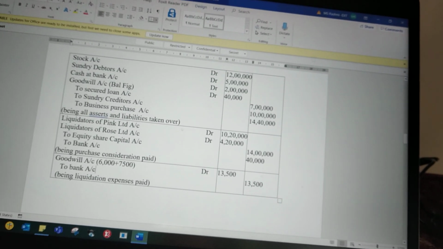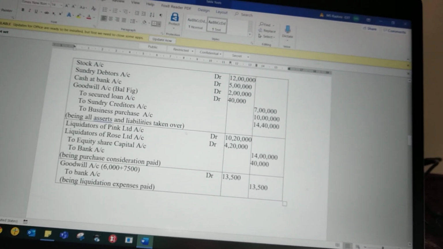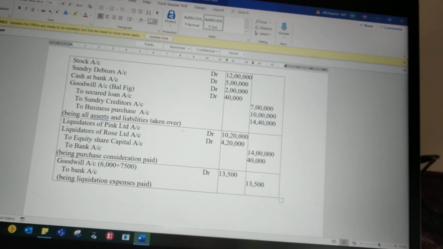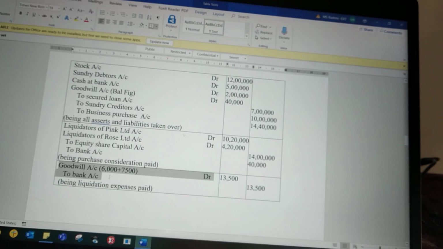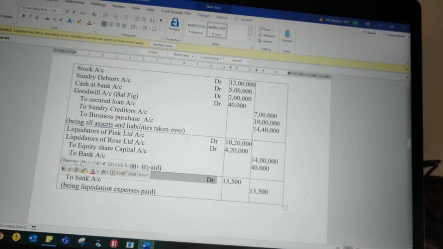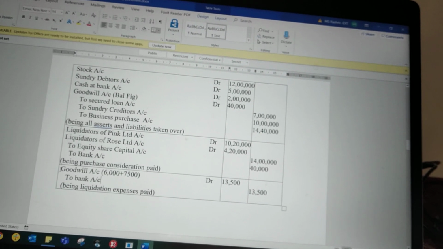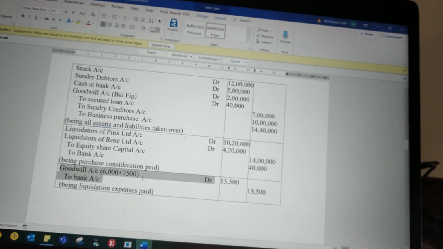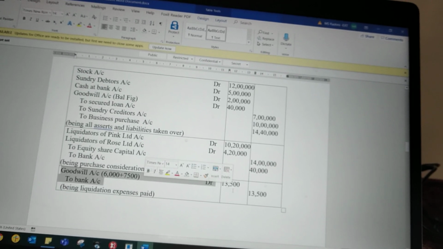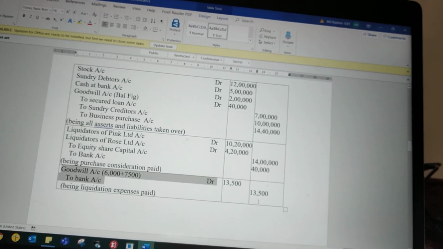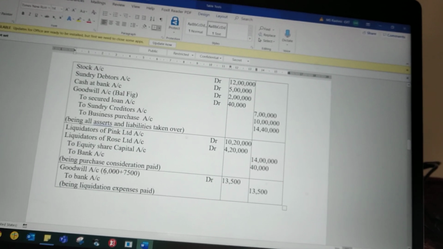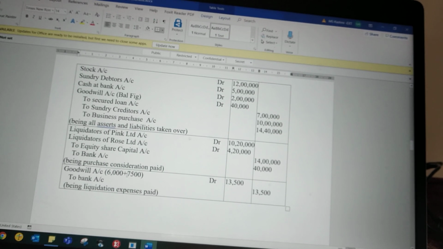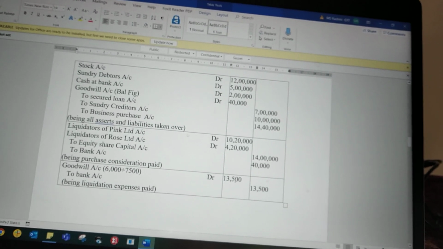being liquidation expenses, you also adjust, because they are paying for the transferee company, so you have to adjust it to the goodwill value. Amalgamation adjustment, you have to consider the goodwill, you need to adjust it on the debit side, 13,500 to bank account. They are paying through bank itself 13,500. For example, 6,000 plus 7,500 for each company, total will be 13,500.